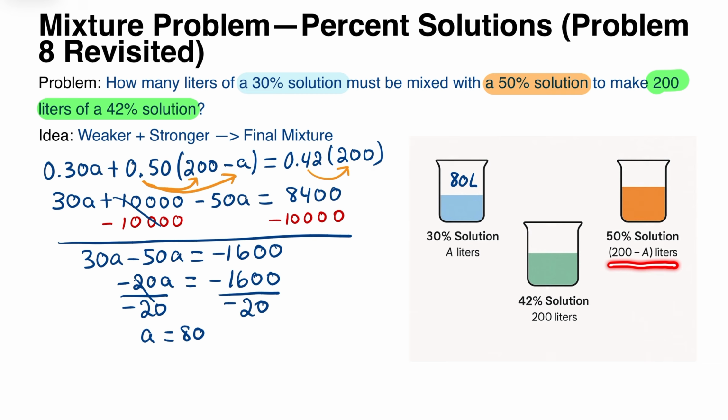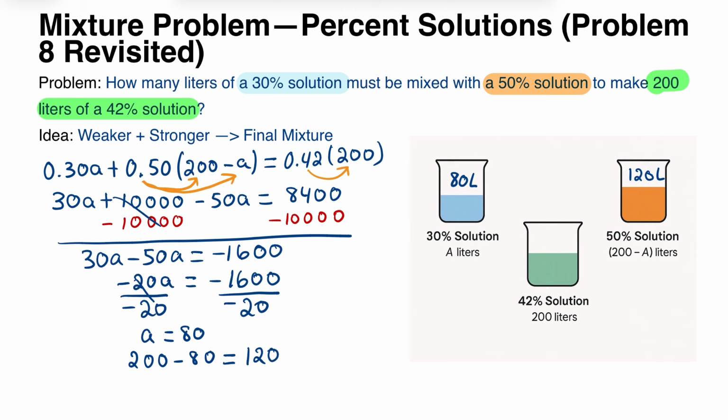So we have 200 minus A. All we're going to do is substitute. So 200 minus A, which is 80, equals 120. So we have 120 liters in the 50% solution.